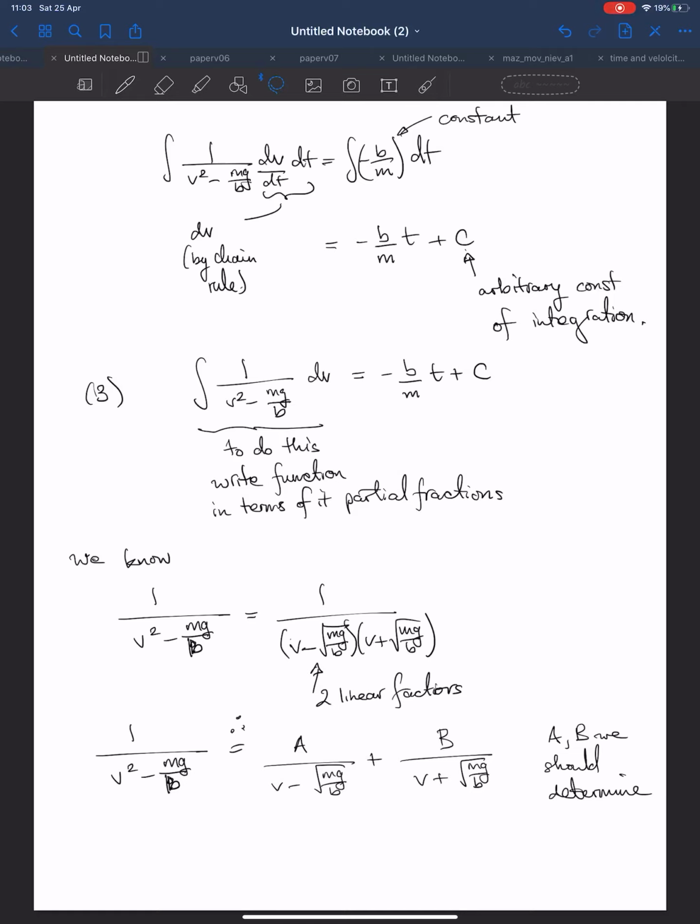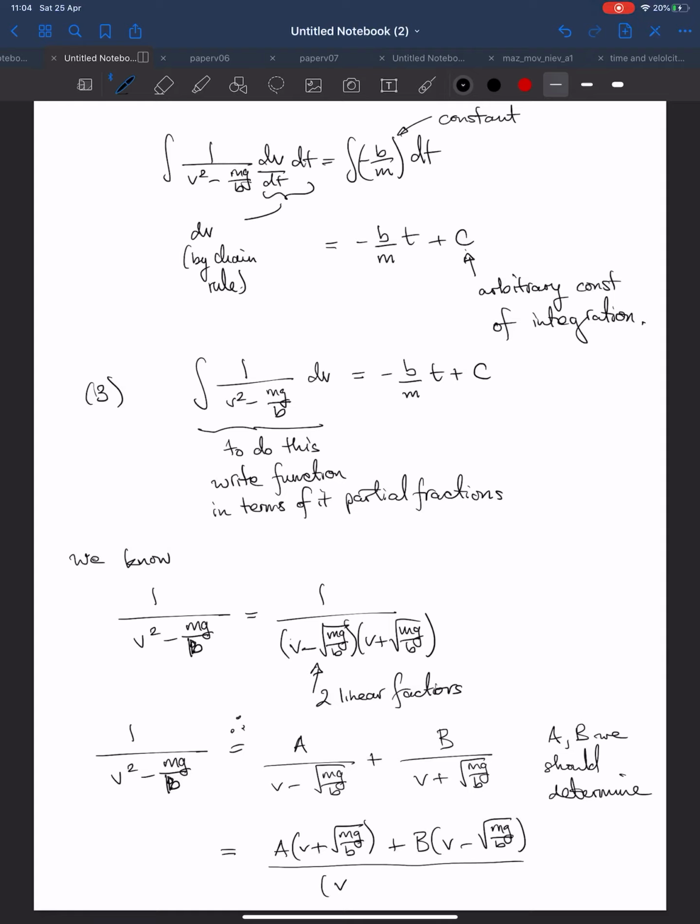Okay. So how do we determine them? Well, clearly the right-hand side is this. Now you can go the whole hog, write down this combined fraction on the right-hand side, compare left with right and solve two algebraic equations.